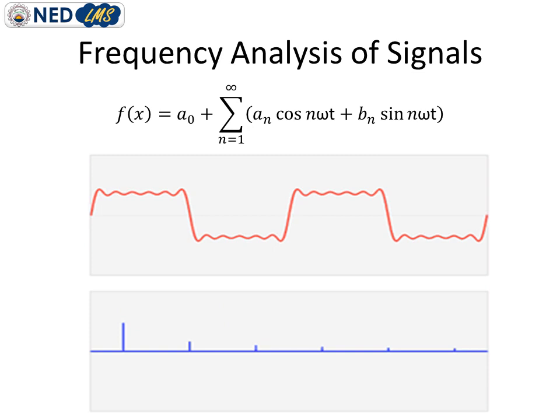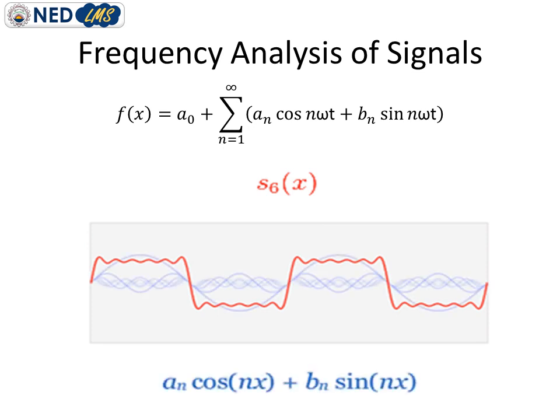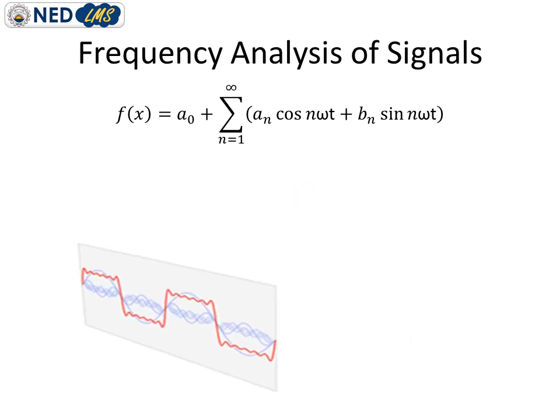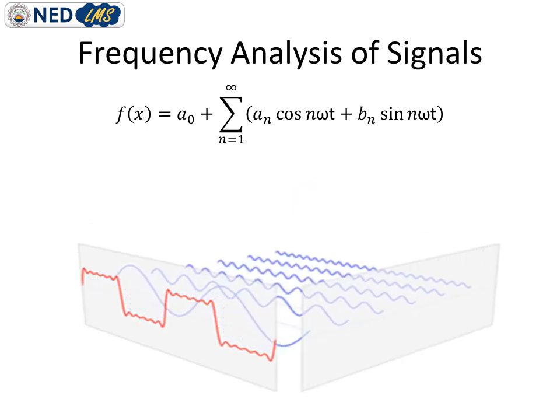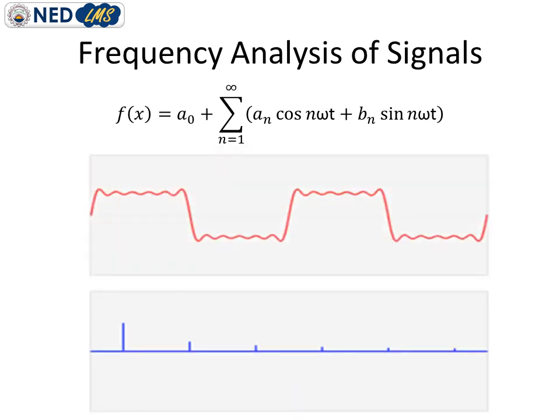That is, we come to know whether A0 is present in that complicated waveform or not, meaning whether DC offset is present or not. Next, whether cosine waves are present in that waveform or not, and whether sine waves are present or not. These individual components can be determined with the help of the analysis equation of continuous time Fourier series, which is on the next slide.